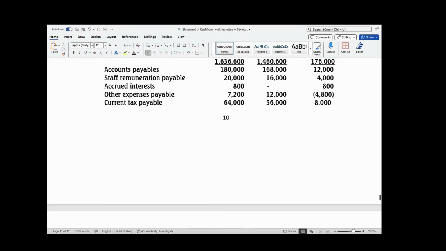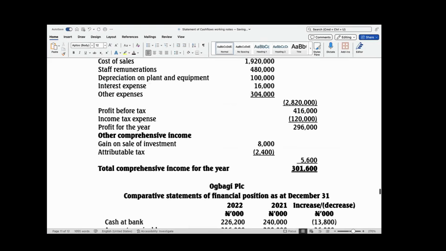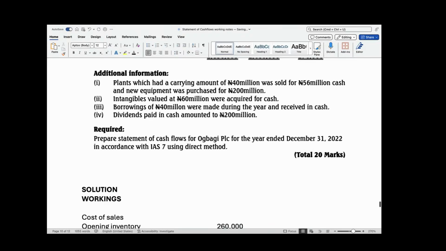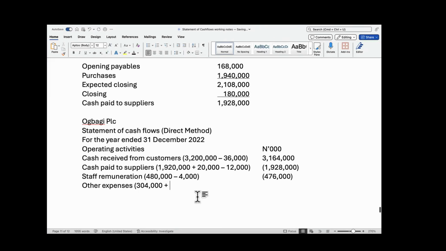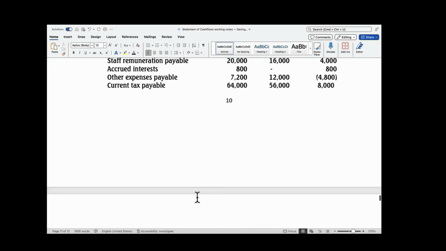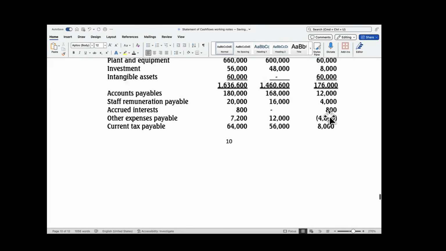How much is it in the P&L? 304,000. I'm not owing, so I can't say I want to deduct, but I even paid more this year.